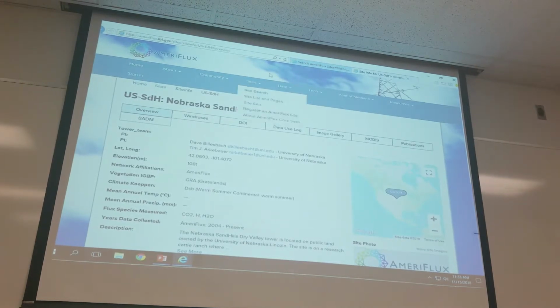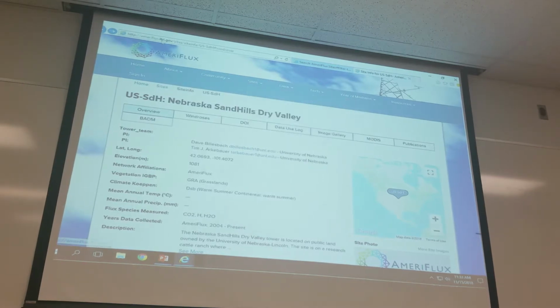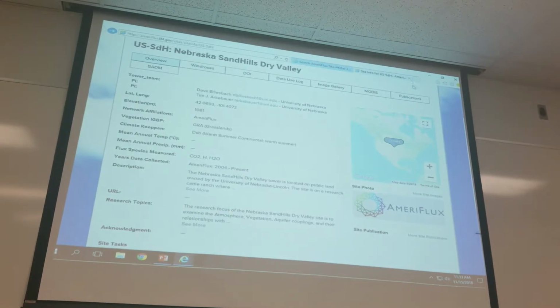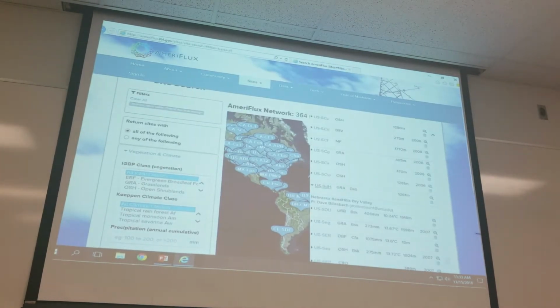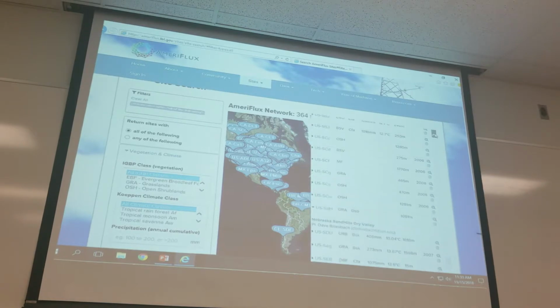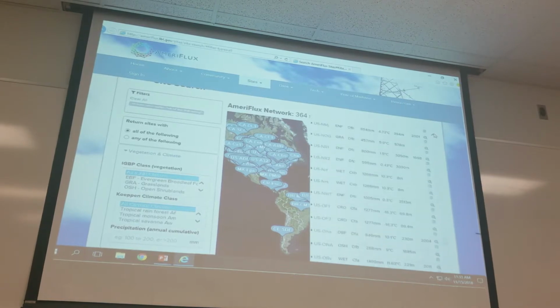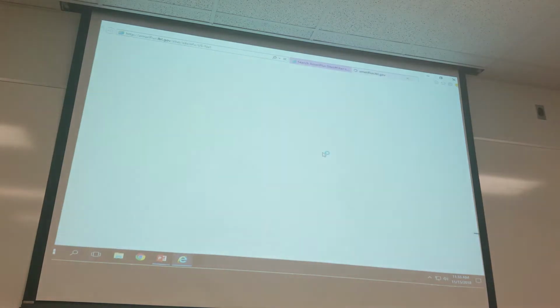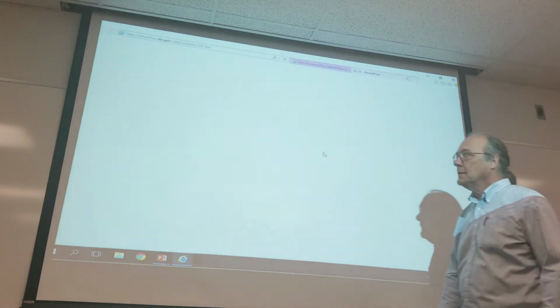So here is our Sandhill site, as I said, and we have 3 sites up in Mead. They're called US-NE1, NE2, and NE3. These sites were started by Shashi, but now they're run by Andy Suyker, Shashi's student.